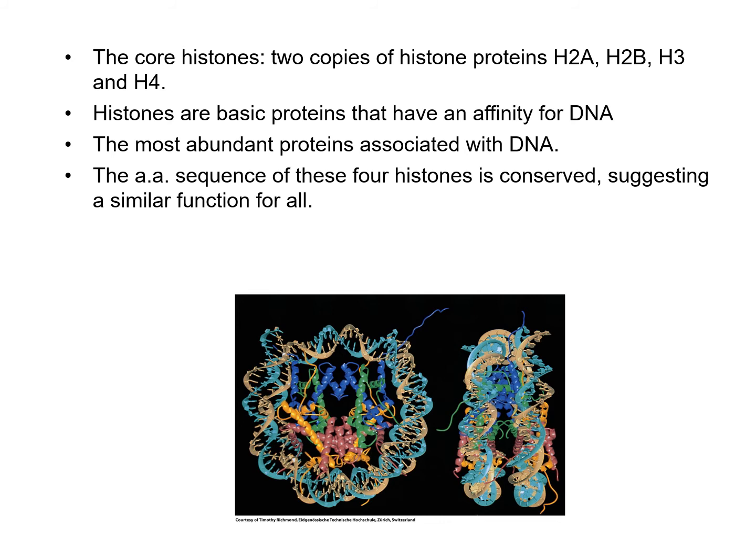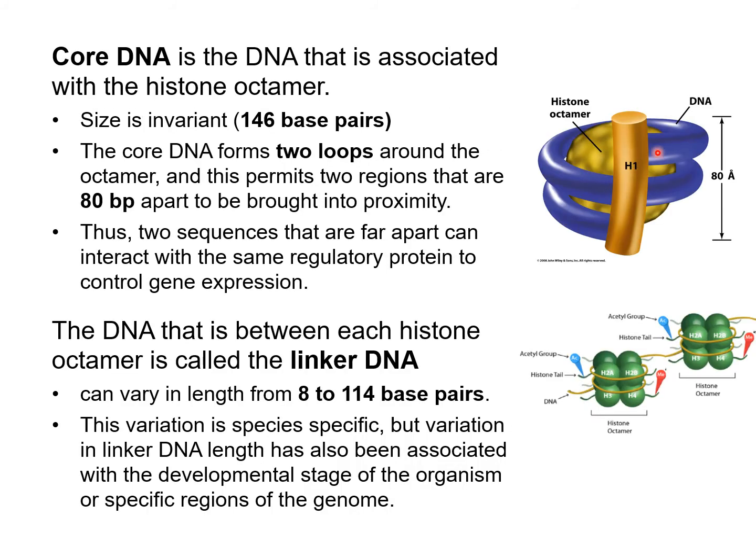All the residues are invariant, meaning each individual residue is critical for function, and it won't allow any variation. The DNA that is associated with the histone octamer is called core DNA, and its length is invariant at 146 base pairs, as we discussed earlier.